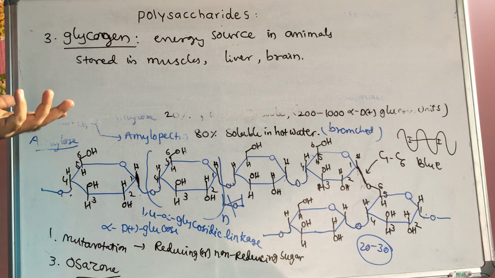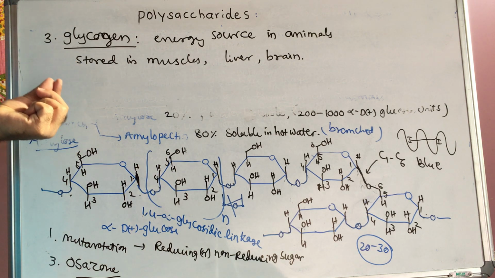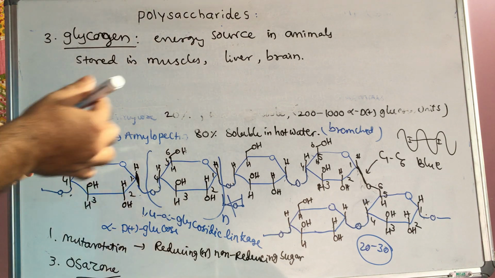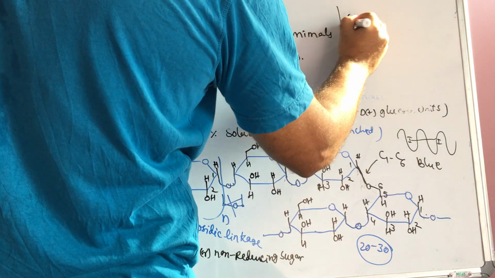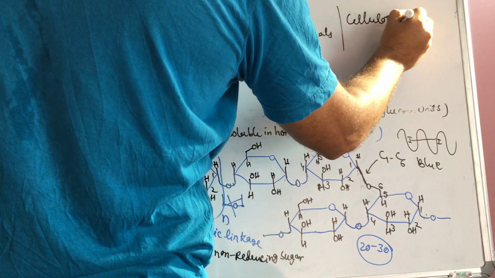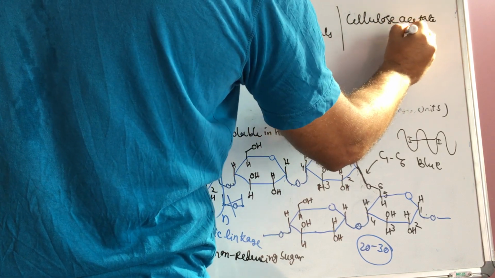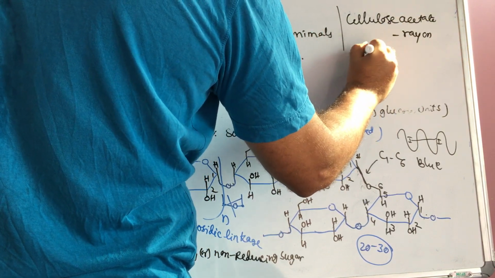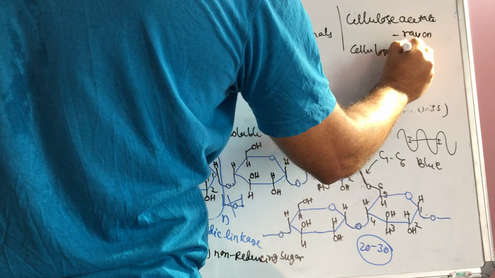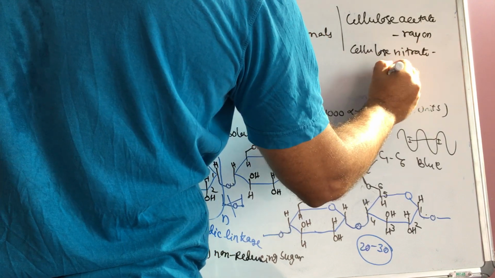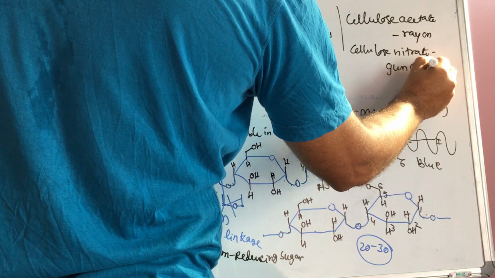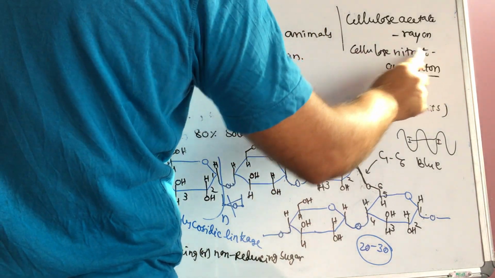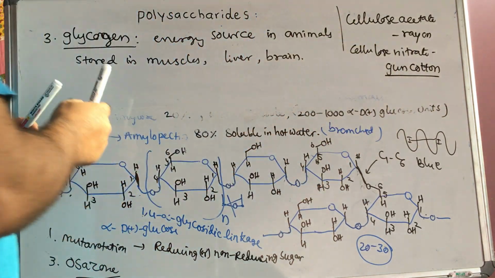Rayon and cellulose are the same material but with a small difference. Cellulose acetate is called rayon. Cellulose nitrate is called gun cotton, used in explosives.